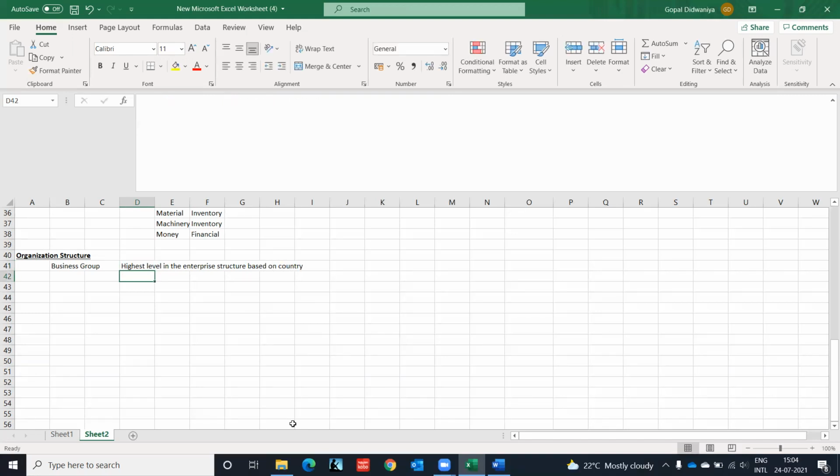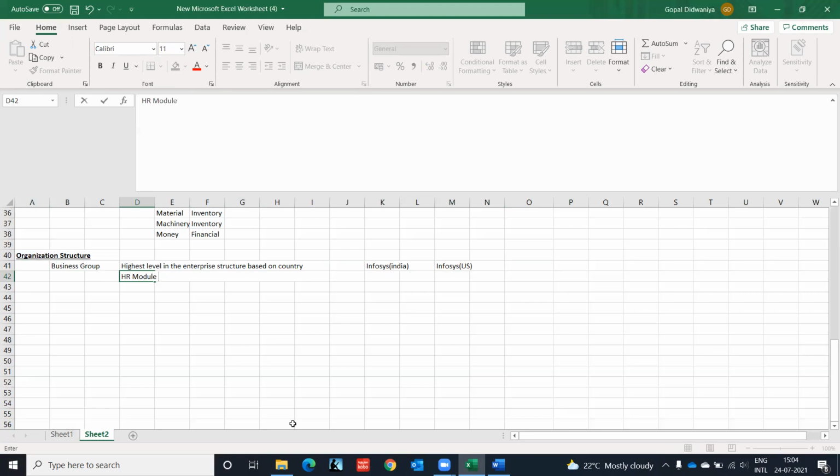So country to country it is going to differ. In our example, if we say Infosys Limited, Infosys India will come, and Infosys US also will come. Business group has the capability to hire employees also. So the HR-related modules are mostly linked with the business group.